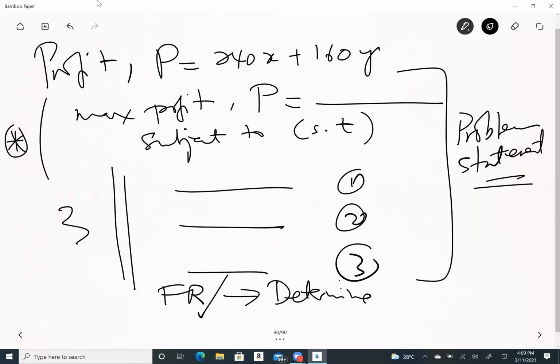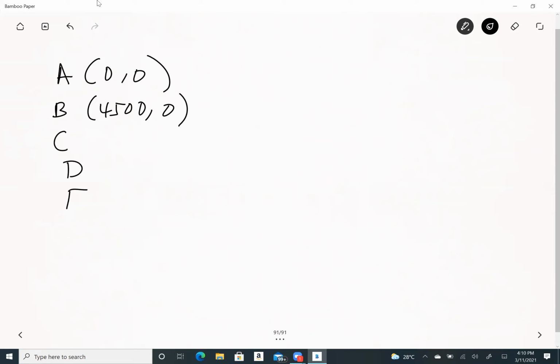So if I go back to the table, let's say I assign point A as 0, 0, B as 4,500, 0, and then I go counterclockwise: C, D, E. There are 5 points.